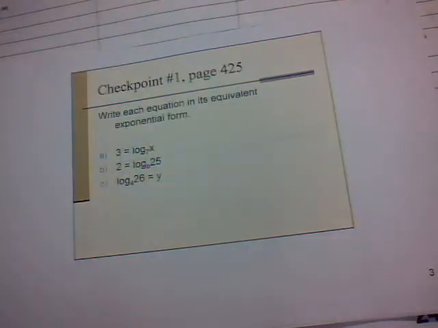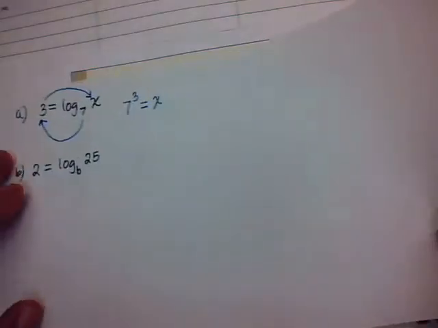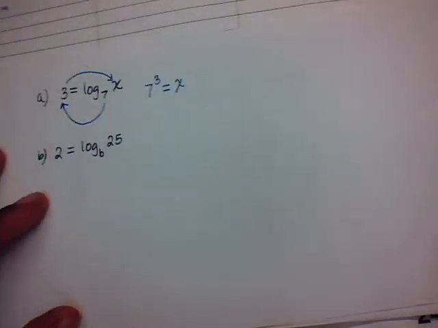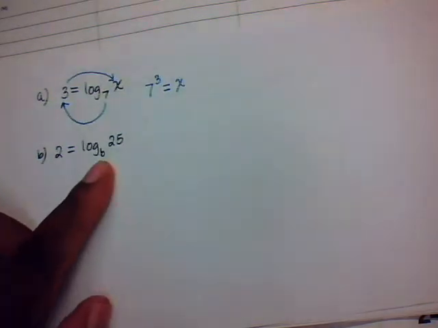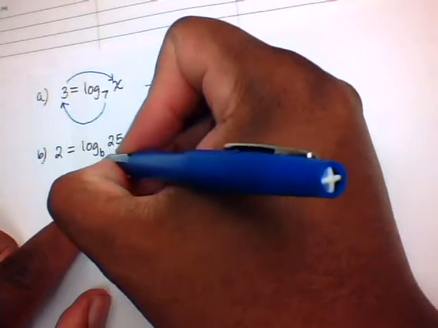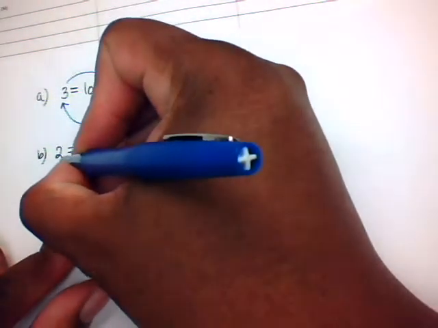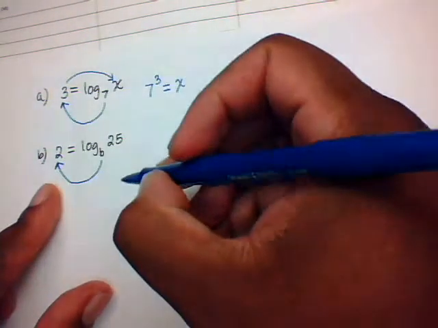Now part B, we have 2 equals log to the base b of 25, and we're going to write that in its equivalent exponential form. In this case, the subscript for the log is b. That b will contain the 2, which will be your exponent.